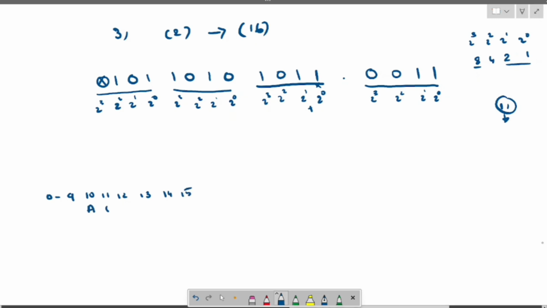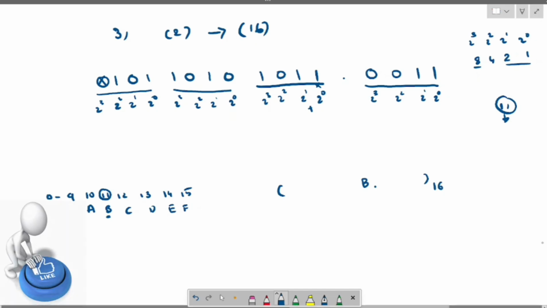So A, B, C, D, E, F. Okay, 11 means you won't write 11, you need to write B. So we are converting into hexadecimal, right? We have the point also. So before the point, the first unit is B.